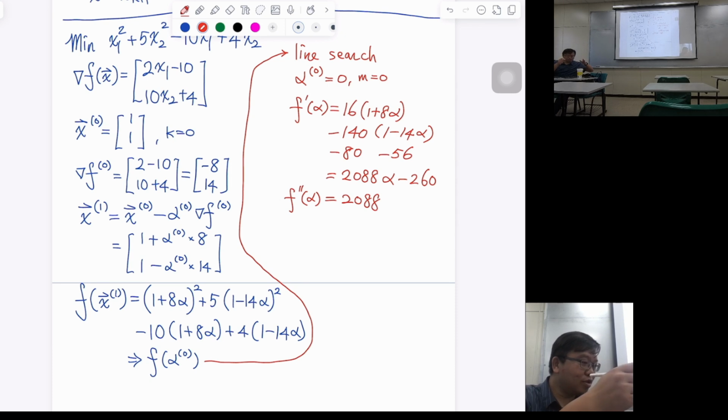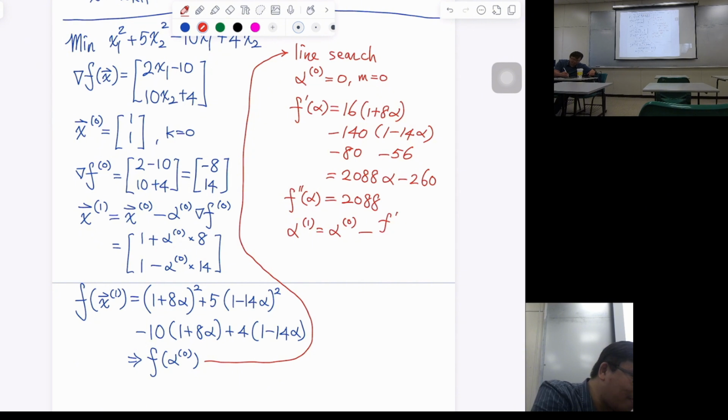Now I will start to iterate using one-dimensional Newton's method. So alpha 1 equals alpha 0 minus f prime of alpha 0 over f double prime of alpha 0. So this equals 0 minus f prime, so plug in 0, negative 260 on the top and 2088 right here.